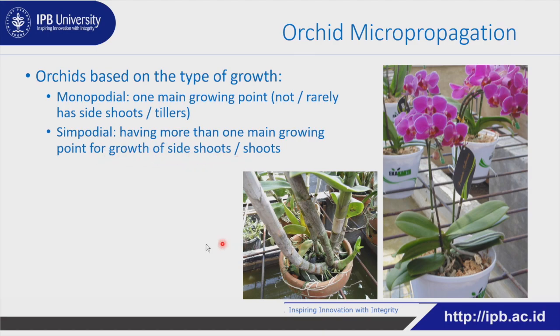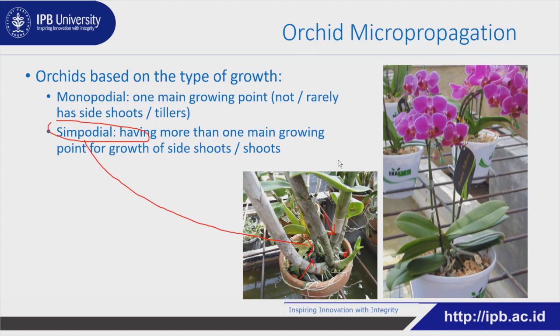So to make you remember, this is the sympodial, which has more than one. See, I can already see three or maybe more. But for monopodial, there is only one growing point without side shoot or tiller.